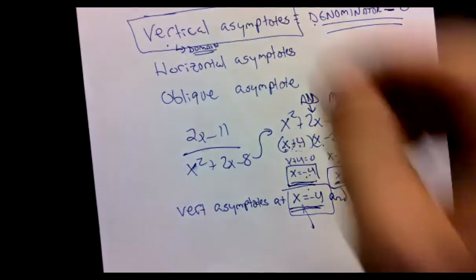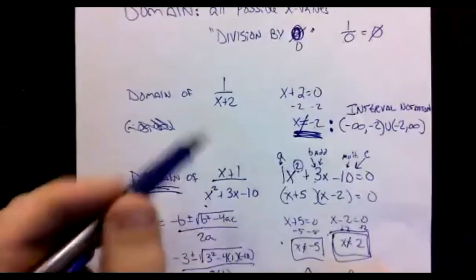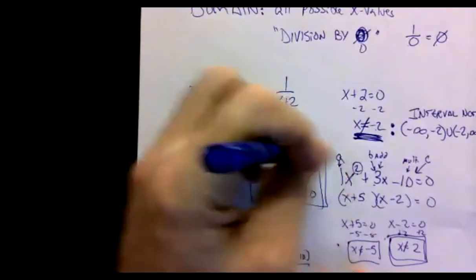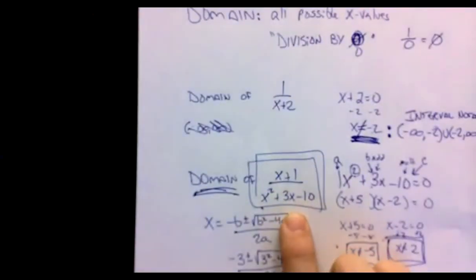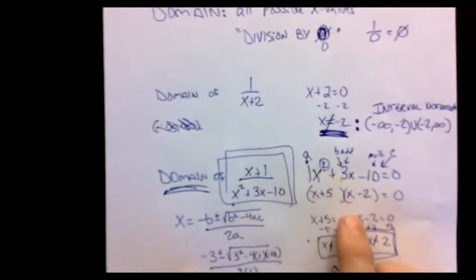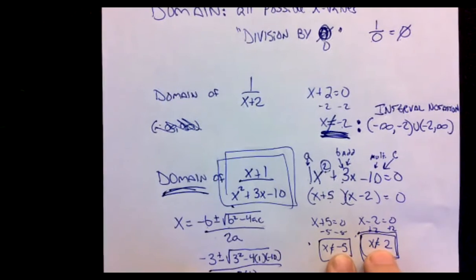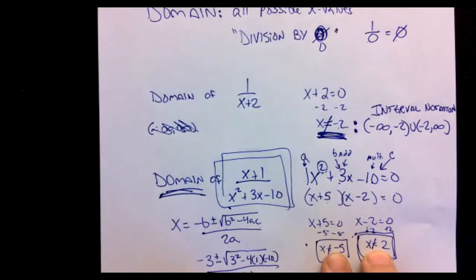Okay, so again, it'd be the exact same. If we went back and revisited this one initially, x plus 1 over x squared plus 3x minus 10, we solved x equals negative 5 and x equals positive 2. This is where my vertical asymptotes would be, at negative 5 and positive 2.